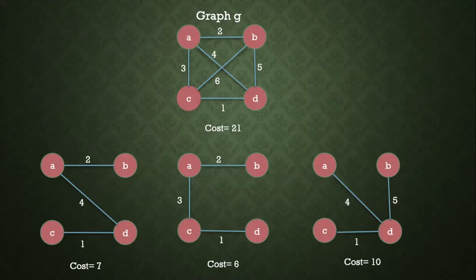Here you can see the cost is 7 and there are 3 edges, and there are 4 vertices in graph G. So you can say if there are 4 vertices in graph G, in the MST graph there are 3 edges, and it goes the same for the last 2 graphs too.